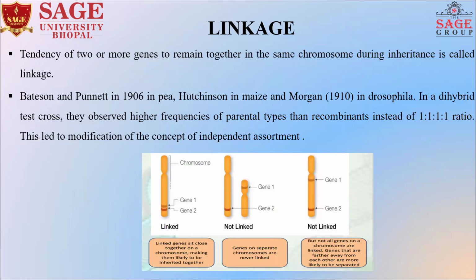The fourth one is linkage. Linkage means to link. It is the tendency of two or more genes to remain together on the same chromosome during inheritance. In the first picture, it is clearly observed that if two genes are present close to each other on a chromosome, they will be linked.